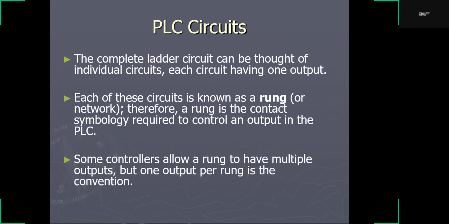The complete ladder circuit can be a series of individual circuits, each circuit having one output. Each of these circuits is known as a rung, or network. Therefore, a rung is the contact symbology required to control an output in the PLC.